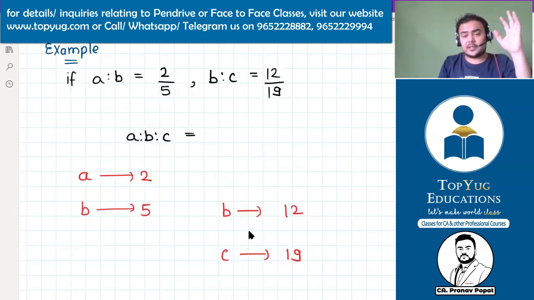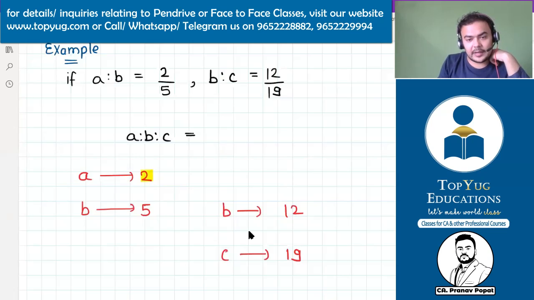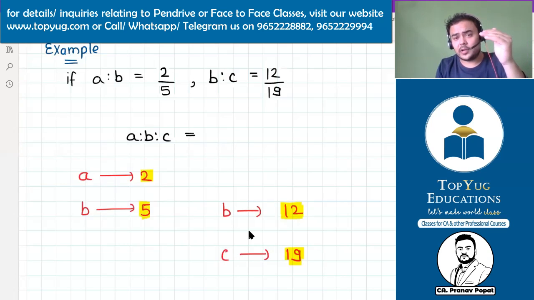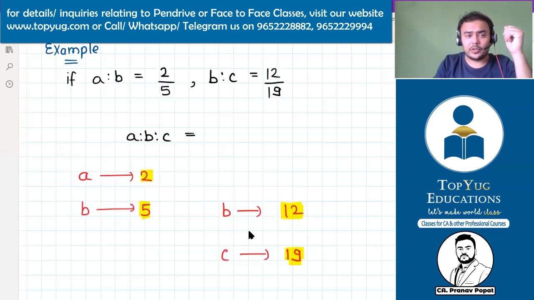In this case, we cannot directly compare this 2 and 19. Why? Because here the B is different, here the B is different. So whenever you need to create a continued ratio, you need to equate them. This 5 and this 12 need to be the same.